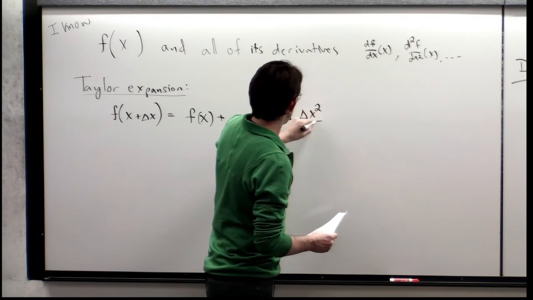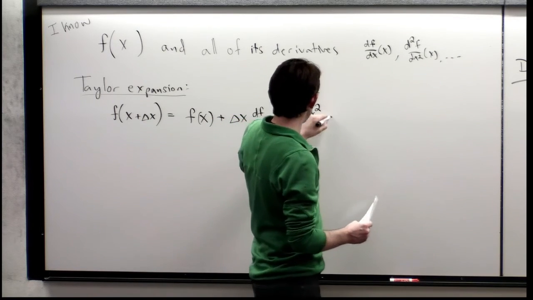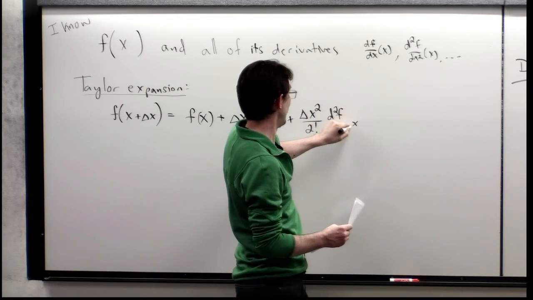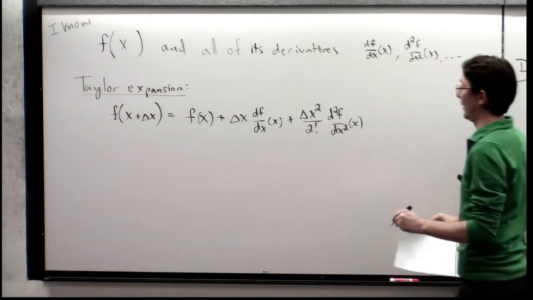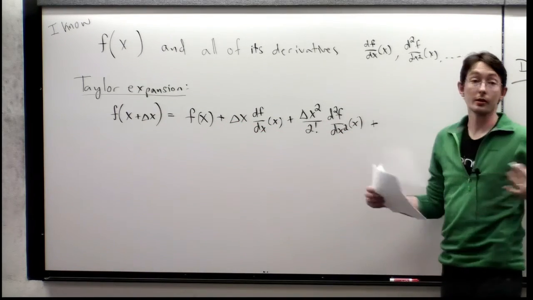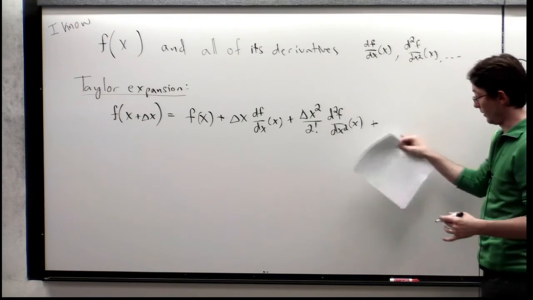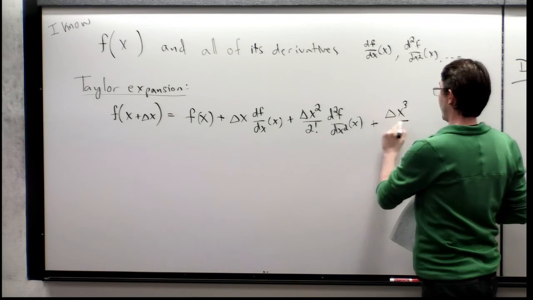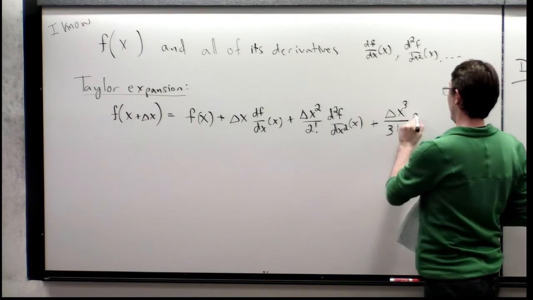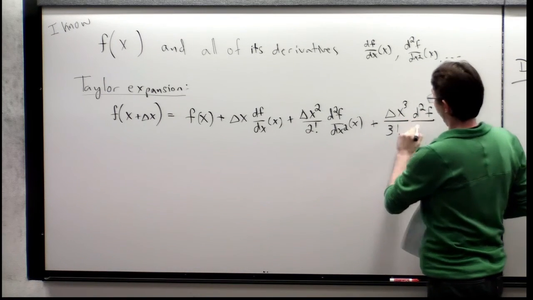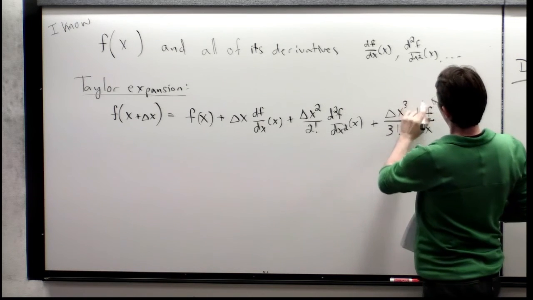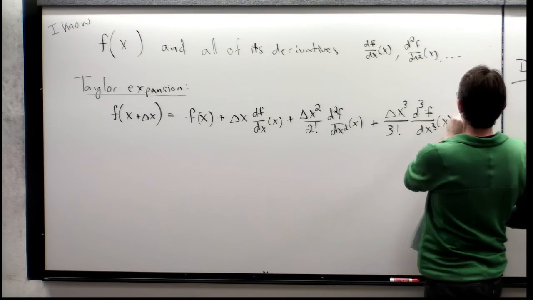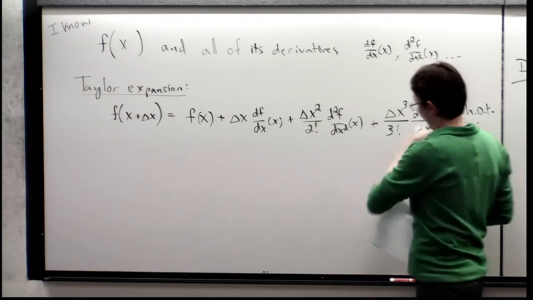Plus delta x squared over 2 factorial times the second derivative of f with respect to x evaluated at x. I'm just going to write the third element because maybe it'll help to understand. Delta x cubed over 3 factorial, d cubed f/dx cubed evaluated at x, plus dot, dot, dot, higher order terms.